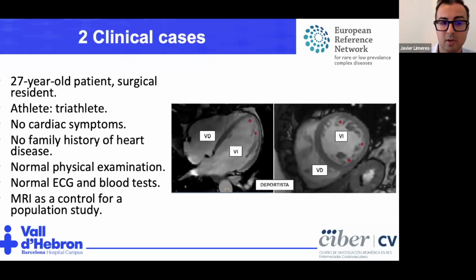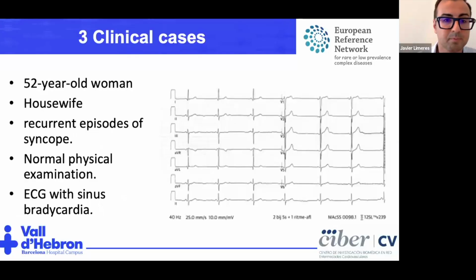There is no previous family history of any cardiomyopathy. The physical exam is normal. The ECG and the other tests are normal. You can say this is normal, or is it a patient with a disease, or the first stage of a disease? It's very difficult to say in these cases.